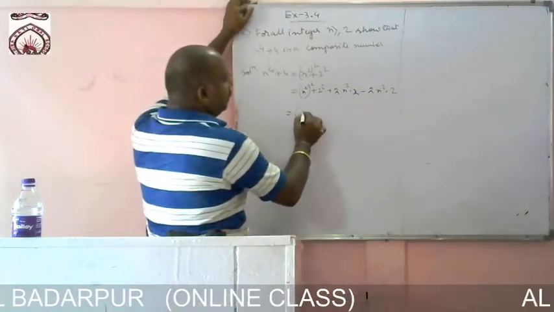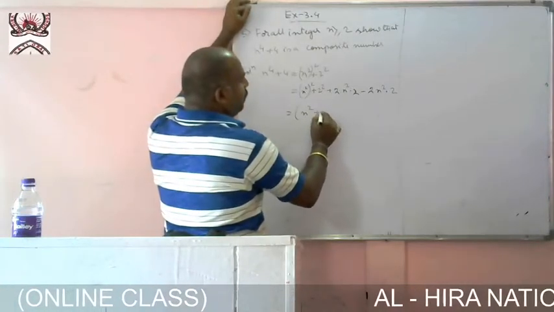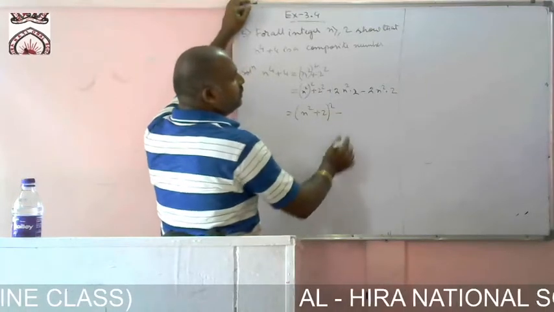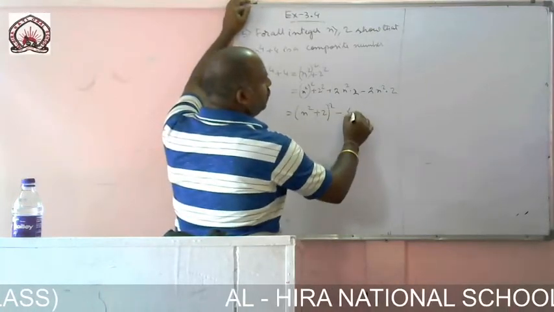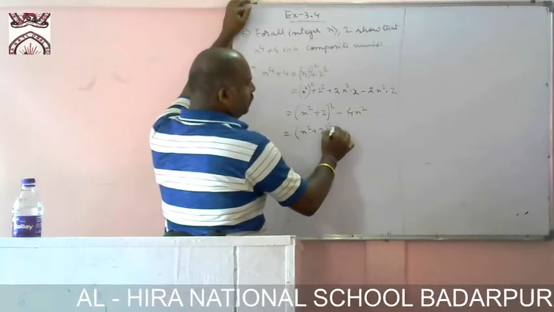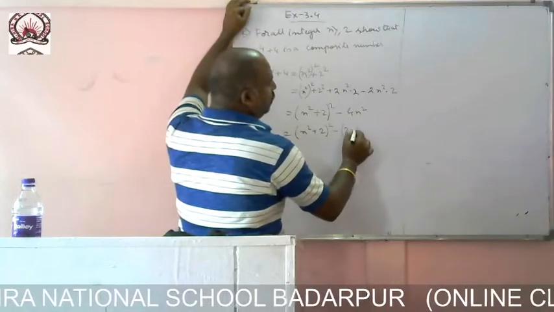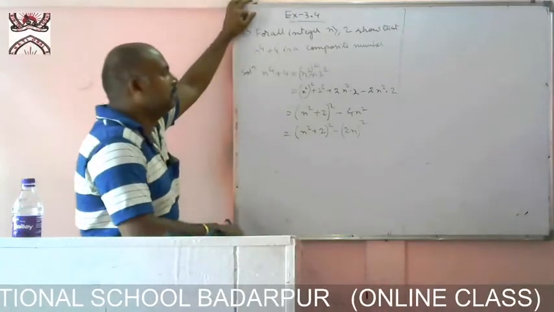This is nothing but n square plus 2 whole thing square minus 2 into 2 is 4n square. Can I write n square plus 2 whole thing square minus twice n whole thing square?